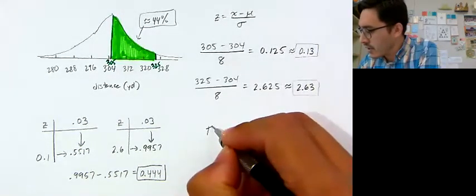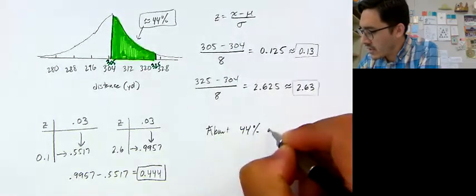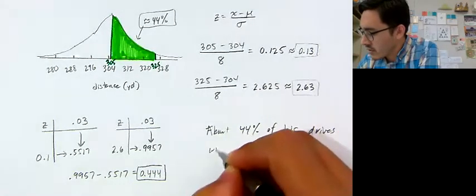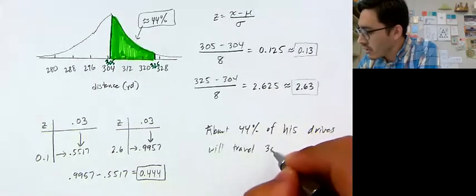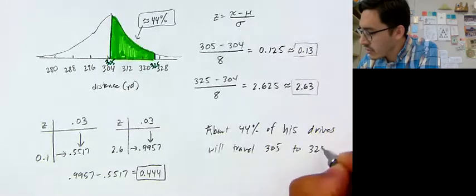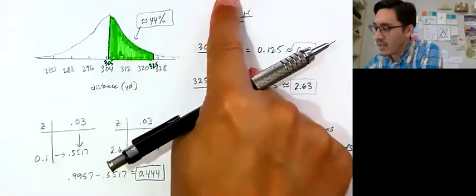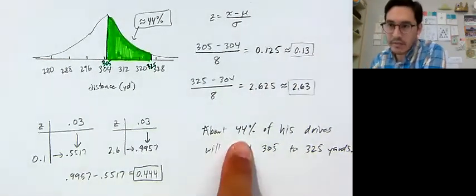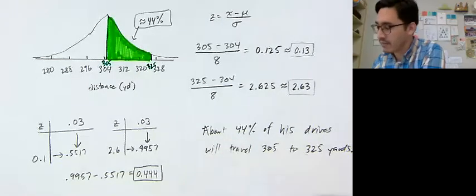About 44% of his drives will travel 305 to 325 yards. So is he likely to get his ball on the green? Well, it's a less than 50% chance. So you could technically say he's not likely, although it's not horrible chances, but it's less than half.